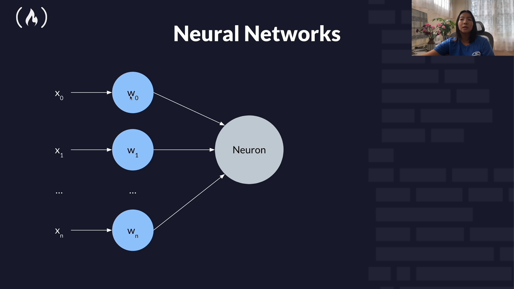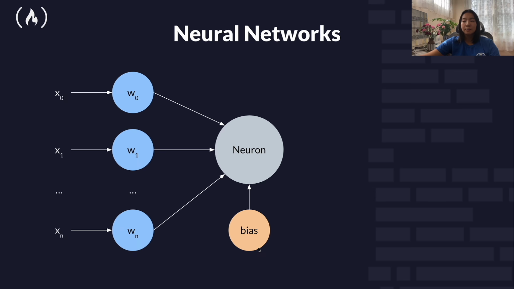Okay, so basically I'm taking W0 times X0, and then I'm adding X1 times W1, and then I'm adding X2 times W2, etc., all the way to Xn times Wn. And that's getting input into the neuron. Now I'm also adding this bias term, which just means, okay, I might want to shift this by a little bit. So I might add 5, or I might add 0.1, or I might subtract 100, I don't know.